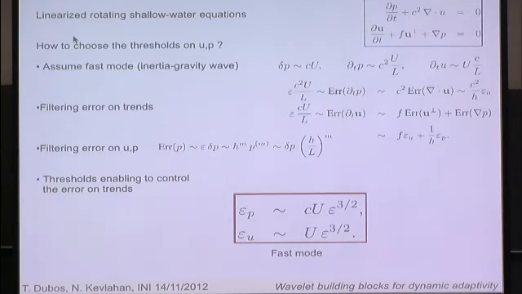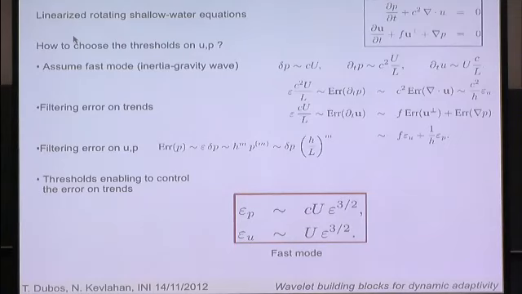So now I can look at the error on the tendencies. I take my equations and look at how errors in U and P affect the tendencies, and I do some algebra. I can give some details if I have questions, and I get this kind of estimate. That's if I want to capture a gravity wave, for instance, which has a typical flow velocity of U, with c being the gravity wave speed.